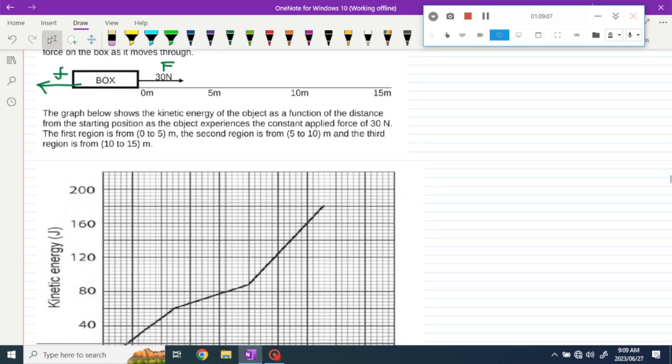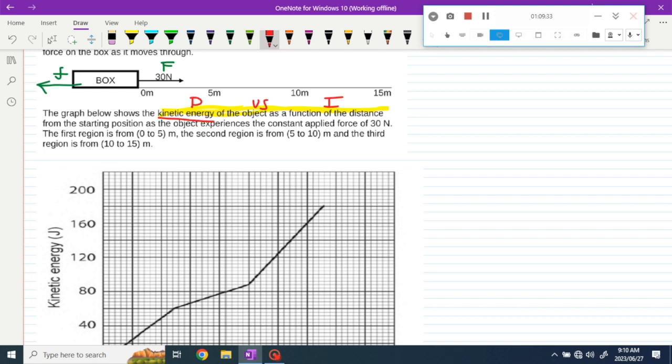Let's say the graph below shows the kinetic energy of the object as a function of distance. Now just a note on this. When they give you the name of a graph, provided they've done so correctly, we always say dependent variable versus independent variable.